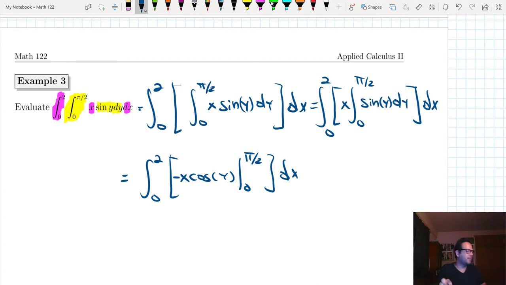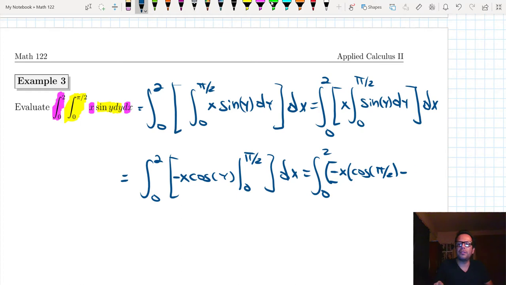So let's evaluate the inner part first, and this is going to give us the integral from 0 to 2 of negative x that multiplies cosine of pi over 2 minus cosine of 0.